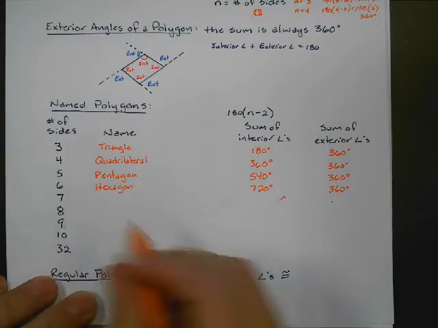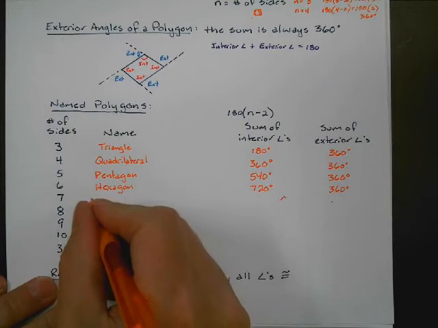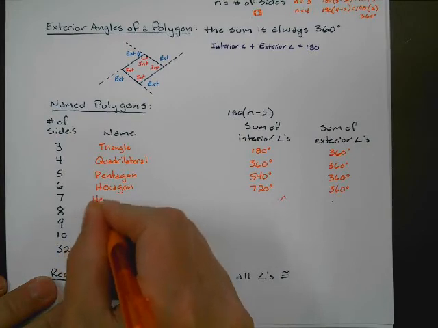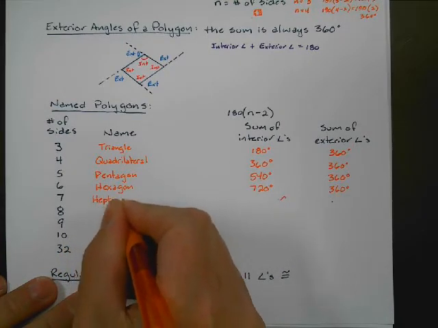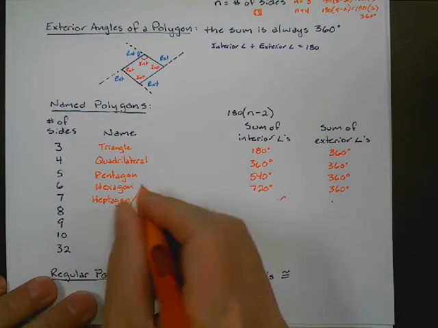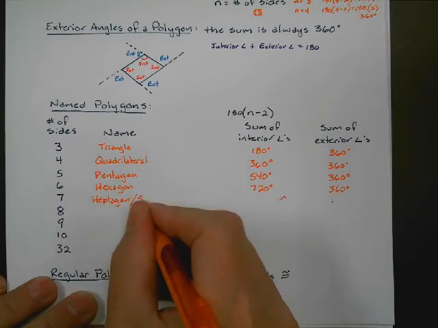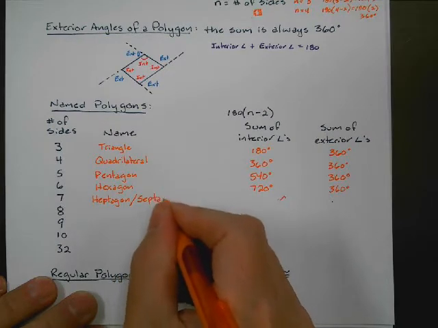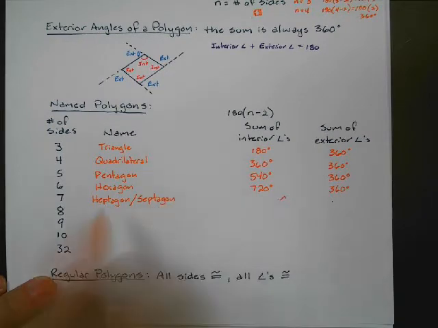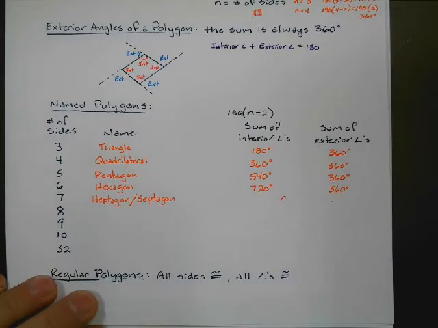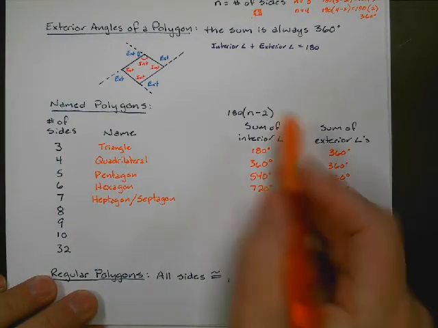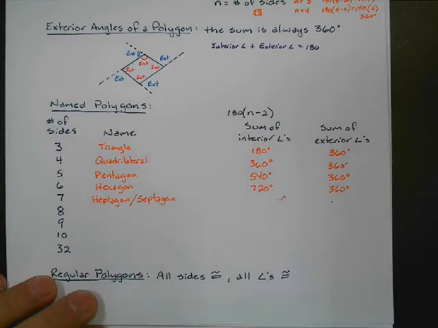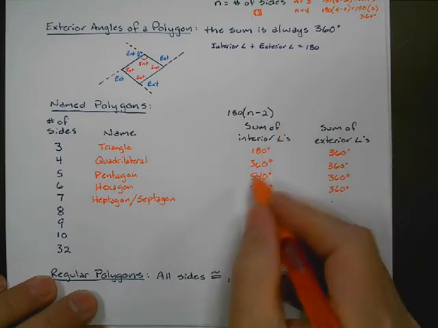7-sided object, usually called a heptagon. I've also seen it called a septagon before, kind of sounds like a transformer, but whatever. I think our books will call it heptagon, though. So how many degrees? So I do 7 minus 2, which is 5, and then 5 times 180 would be 900.